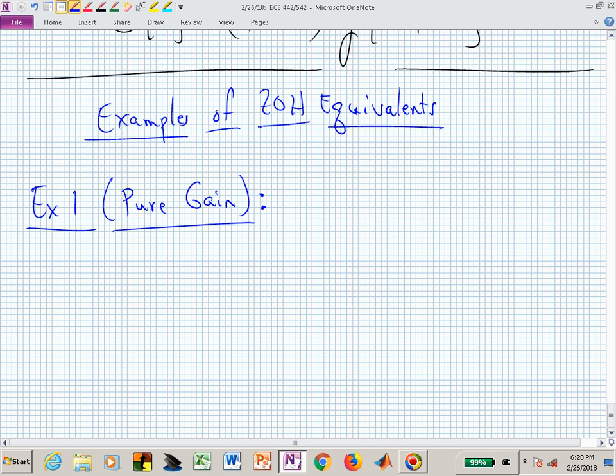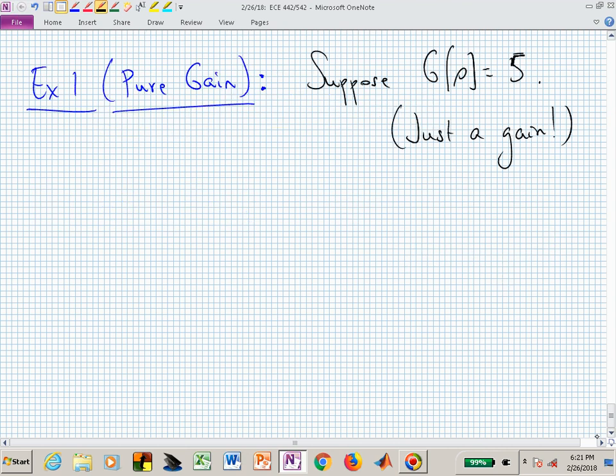It's a gain. What kind of dynamics does this have? None, does it? It's just gaining. So you put in an input, it just scales and produces an output. No memory, nothing going on. That's what we're assuming. So now let's suppose for this system, G of S, is simply 5. It's a pure gain. And we want to know, what does capital G of Z look like, its zero order hold equivalent?